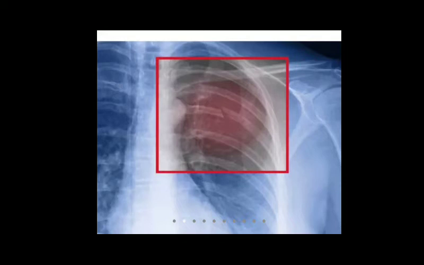So there is a development of positive pressure in that hemithorax, that causes collapse of the affected lung as well as shifting of the mediastinum.